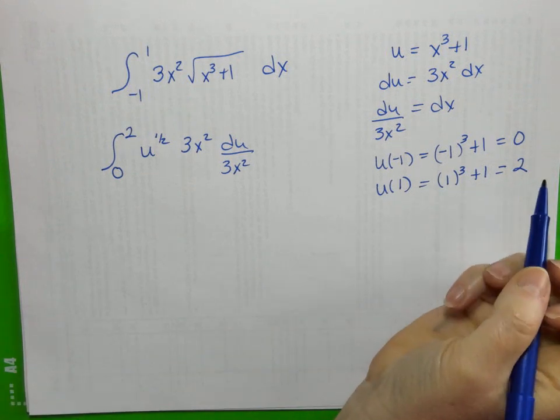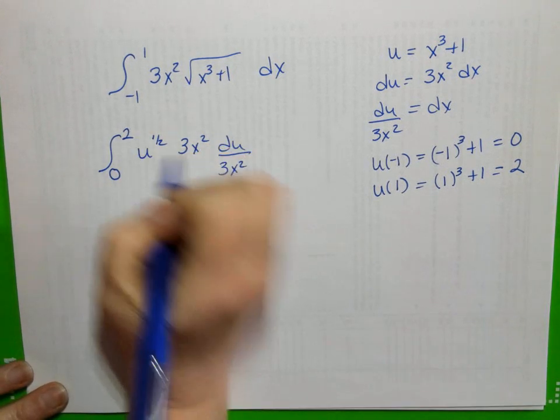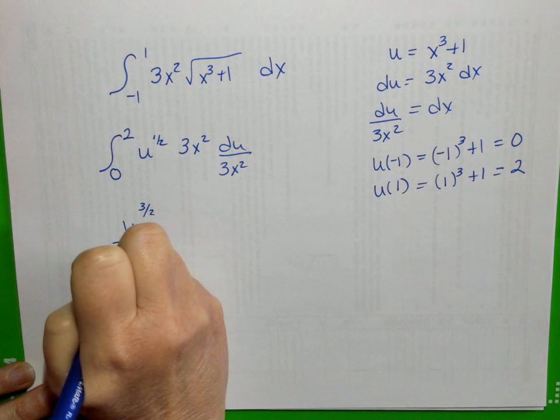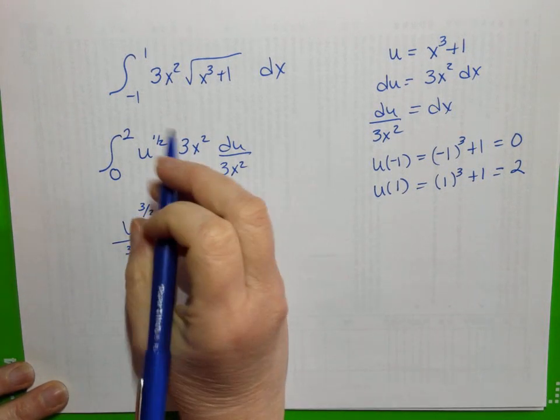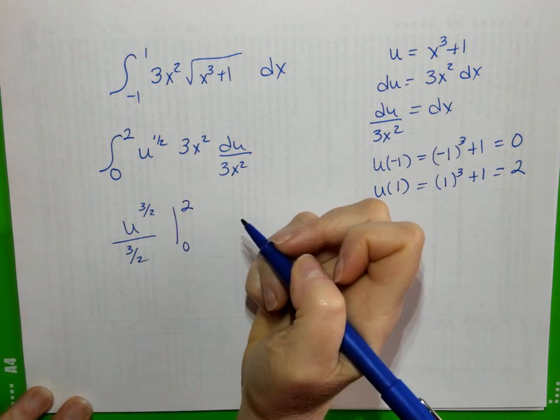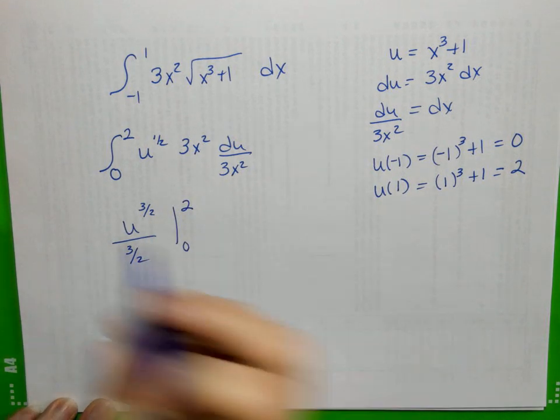So in doing that, we find the antiderivative. So that would be u to the 3/2 over 3/2. I don't need c this time. Evaluated from 0 to 2. I do my math.